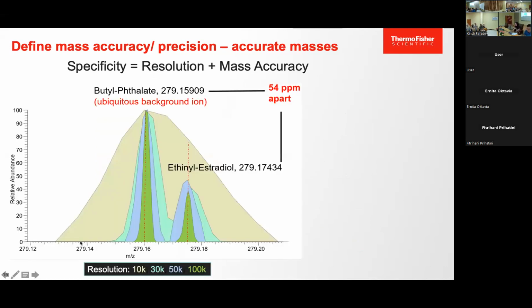Okay, so this is exactly what is happening. You can have different resolutions: 10,000, 30,000, 50,000, 100,000. You might ask me which one is the best. Of course, I will tell you highest is the best, but whether you will need it or not depends on your analysis focus. If I know that 30,000 is sufficient to separate the masses in a clean matrix, like a water sample, then I will use 30,000.